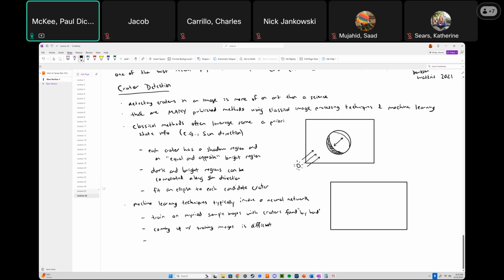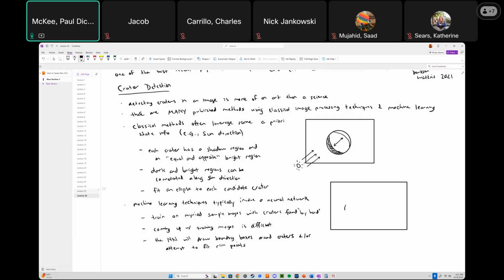The neural net will draw bounding boxes around craters, and or attempt to fit limb points. Or sorry, not limb points, rim points. Nope, sorry, limb points is OBNAV. These are rim points.